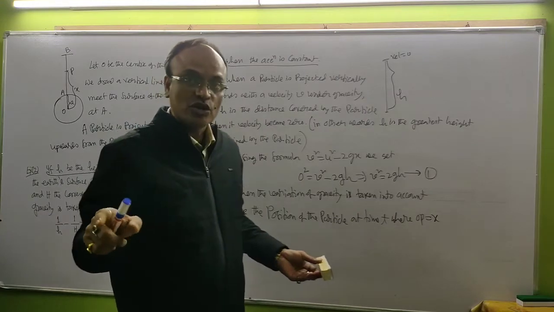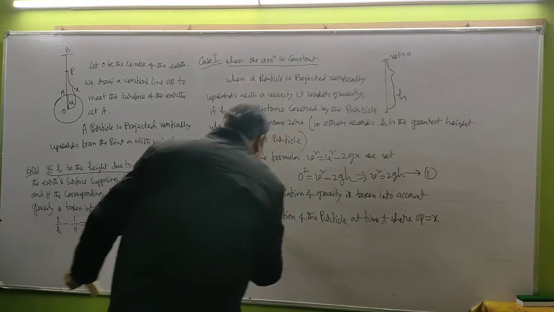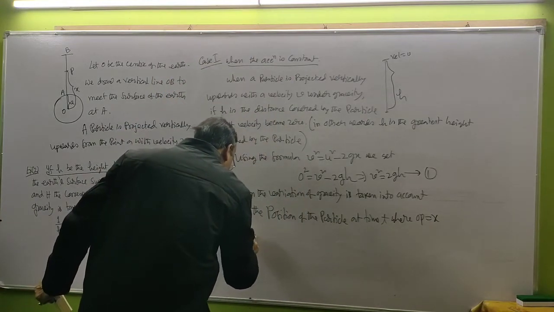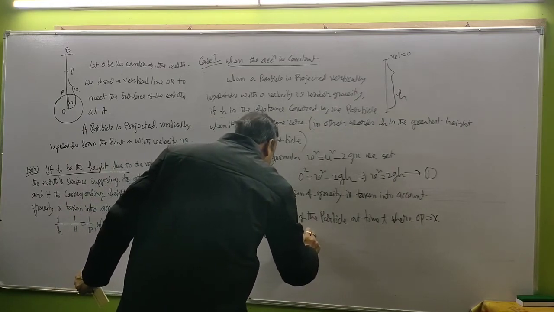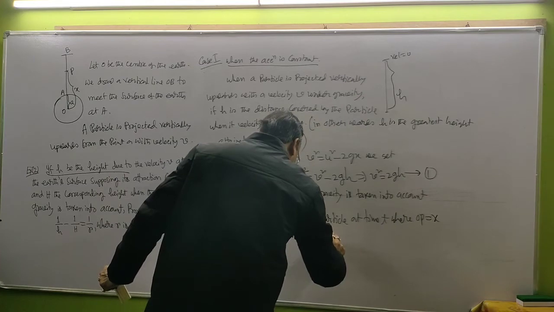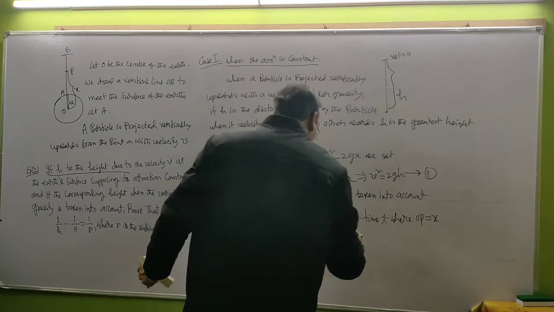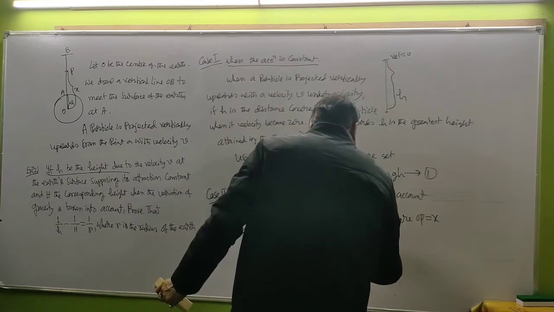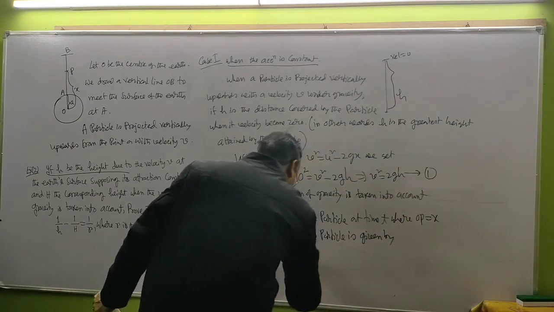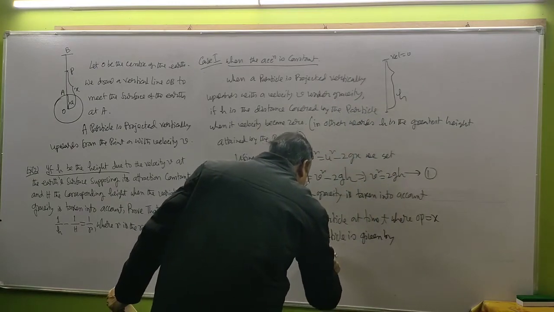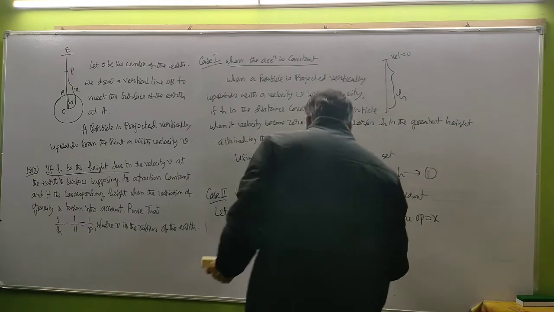The equation of motion of the particle outside the surface of the earth is x double dot equal to minus mu by x square.